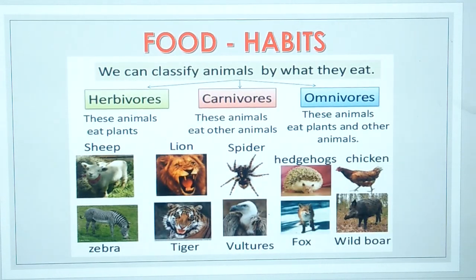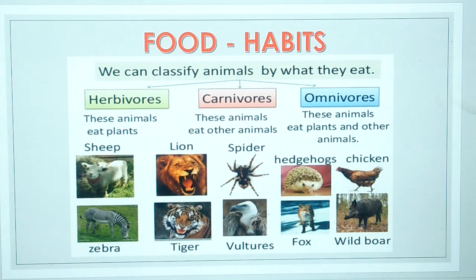Next comes food habits. Now, since we all have different food habits, there is a variety of food items available and we eat different types of foods. Similarly, animals also have different eating habits. Some of the animals eat only plants, so we call them herbivores.